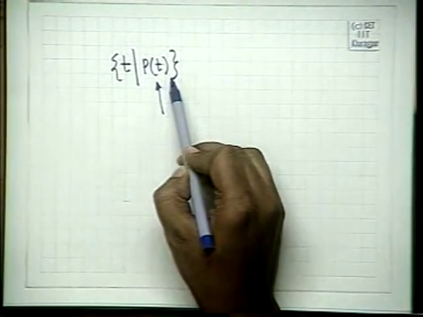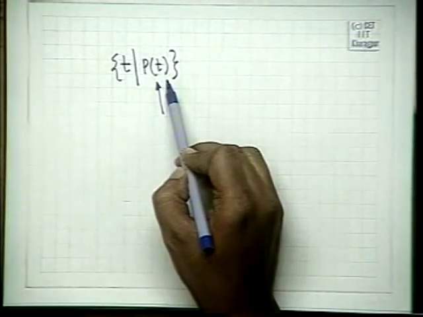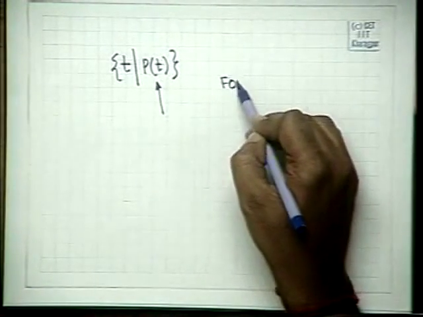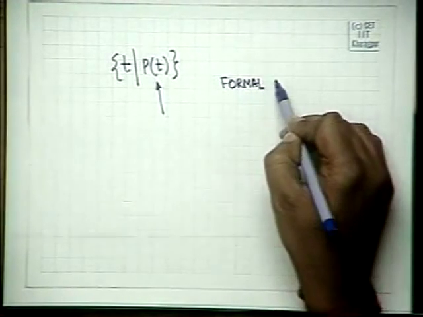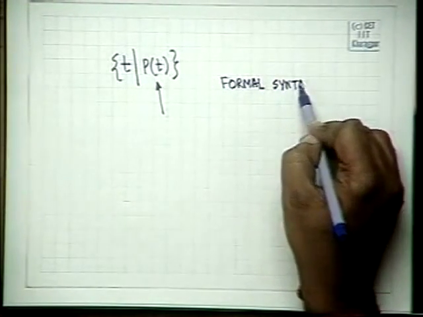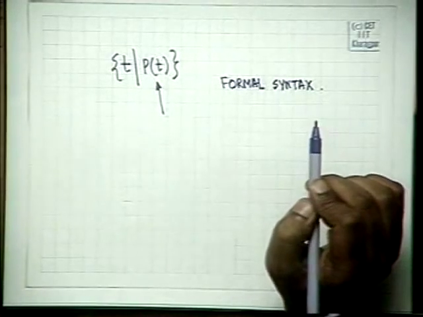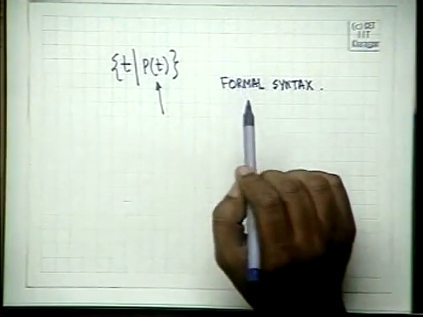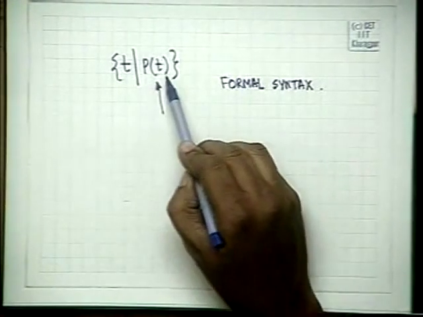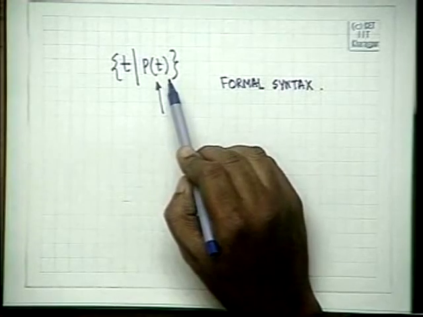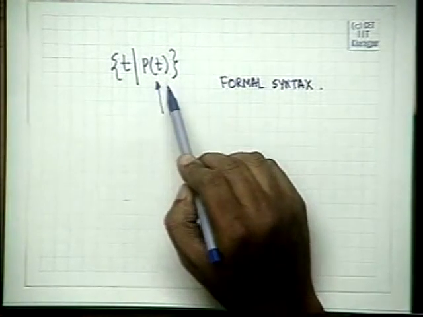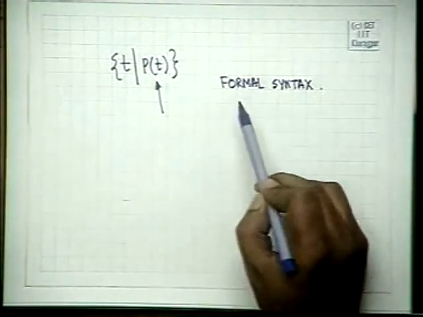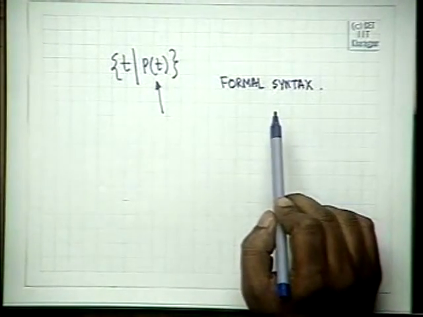Now this Boolean expression is expressed in a particular syntax. This syntax is called the formal syntax of tuple relational calculus, and it consists of a grammar which expresses exactly how the formulae mentioned here will be formed. We will not go into this in the first phase now. We will see several examples and hope that using these examples the formal syntax will be quite clear.